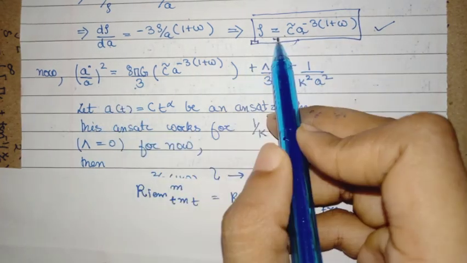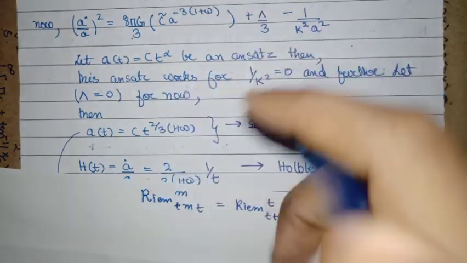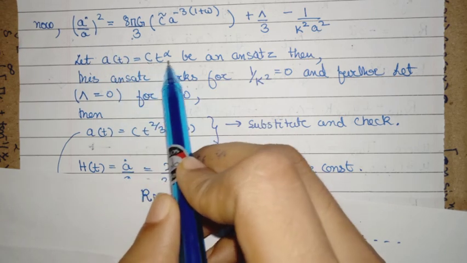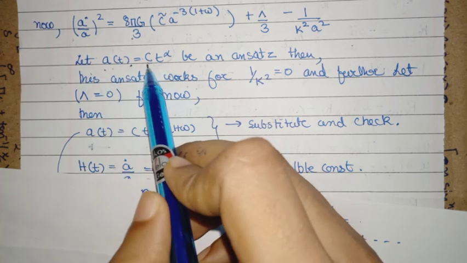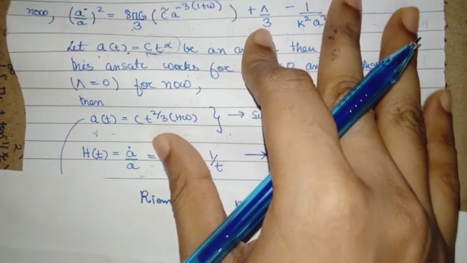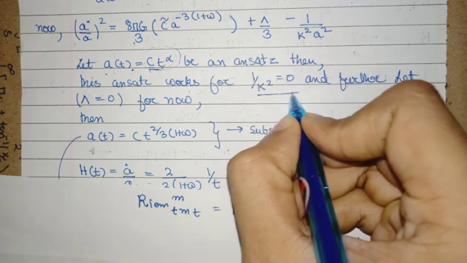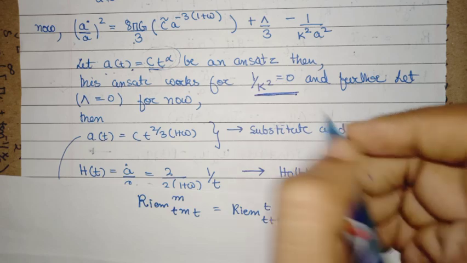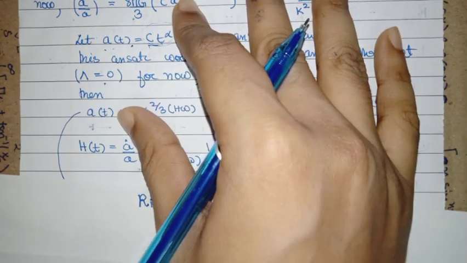So this relation put into the Friedmann equation reduces to this, and further we can substitute an ansatz for the A of t, which is the scalar parameter, in this form. This ansatz, if you wish, you can just put it back and check that it will work, provided that the curvature is chosen to be 0, that means the flat space time, and further I am assuming the cosmological constant to be 0.